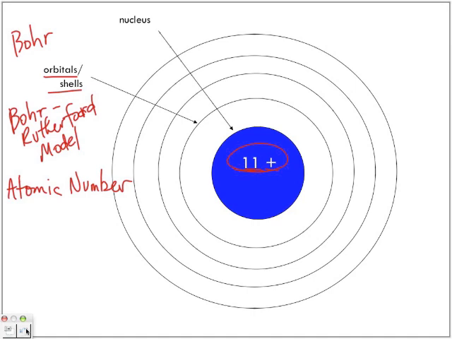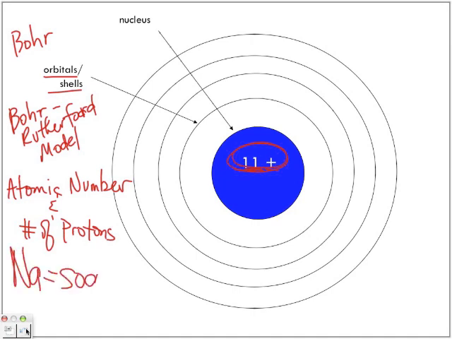So the atomic number and the number of protons are the same. If we have 11 protons, we are referring to atomic number 11. So if you look at the periodic table, which element has the atomic number 11? You'll find that the symbol is Na, and we are referring to sodium.